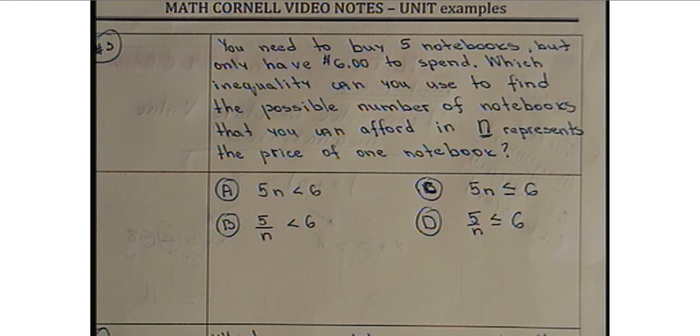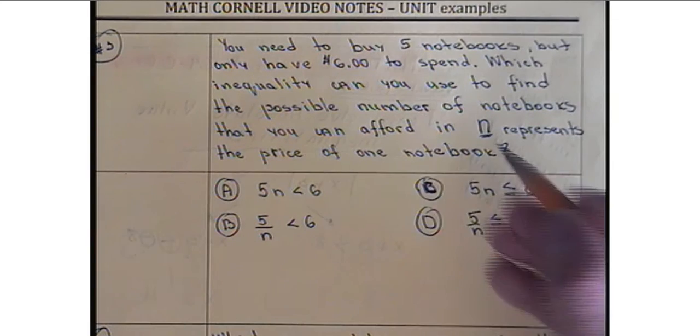Now, if you're buying 5 notebooks and n is the price of each notebook, we need to think about multiplying 5 notebooks times n price, which will be equal to or less than $6, right? So C is the equation that you're looking for.